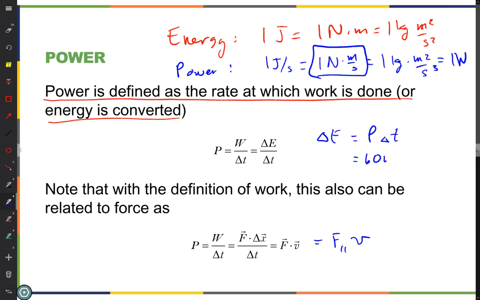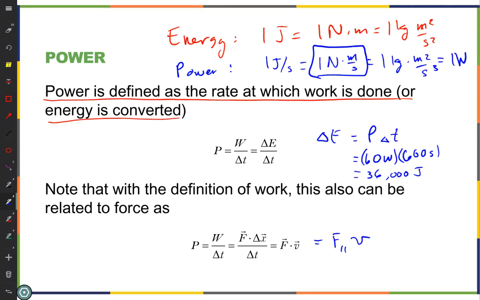So that's 60 watts multiplied by how much time? I say 10 minutes, but I can't put in 10 minutes, wrong units. It's 600 seconds. So that would be 36,000 joules that it would use in a 10-minute period.